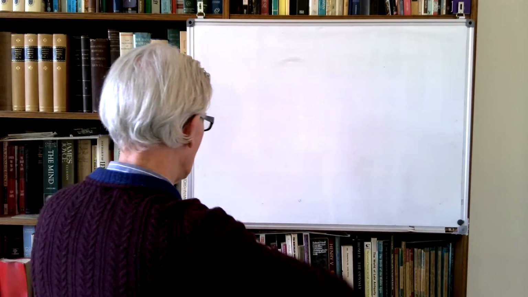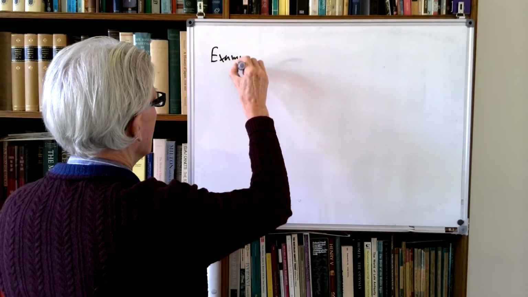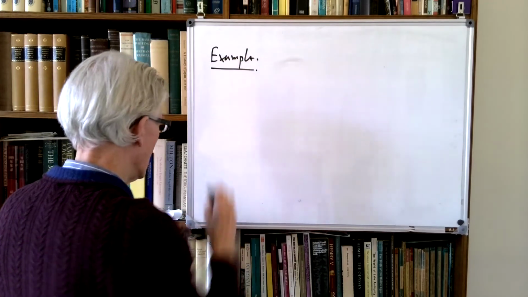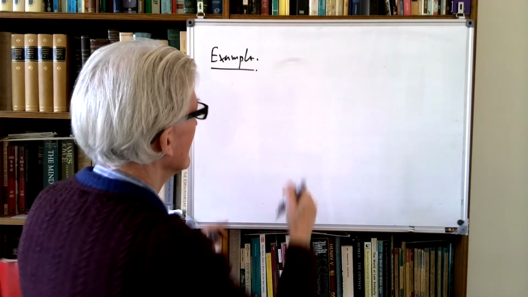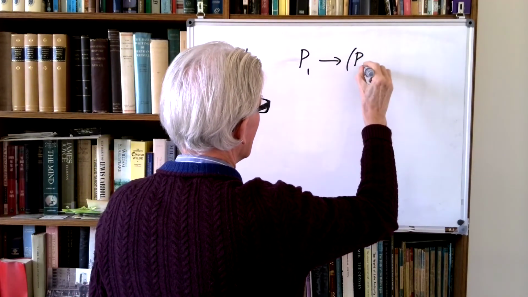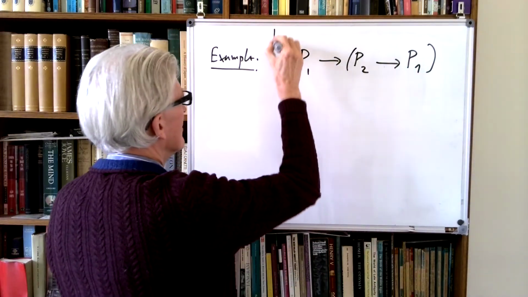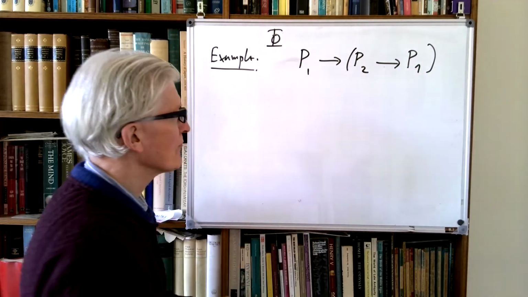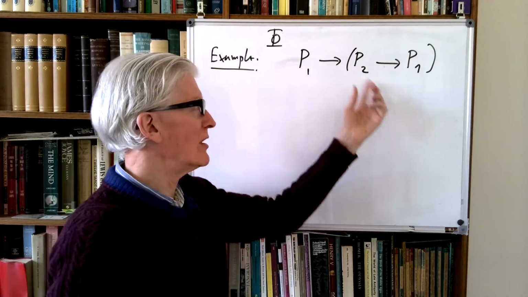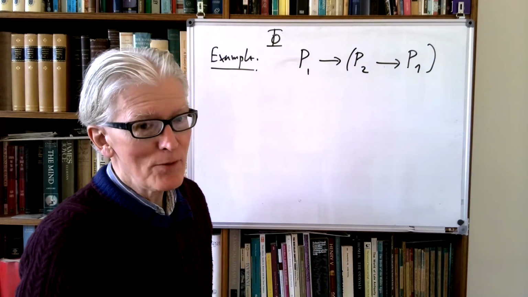So, example. P1 arrows P2 arrows P1. Okay, simple formula using just propositional atoms, just P1 and P2.